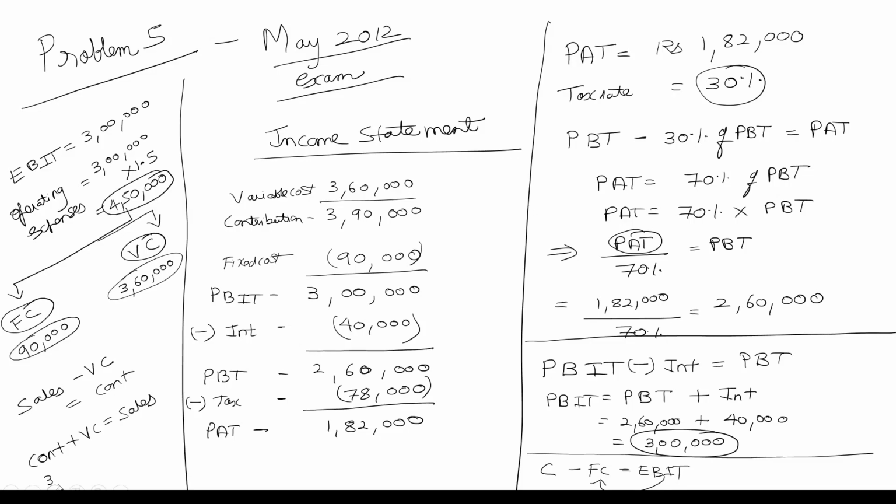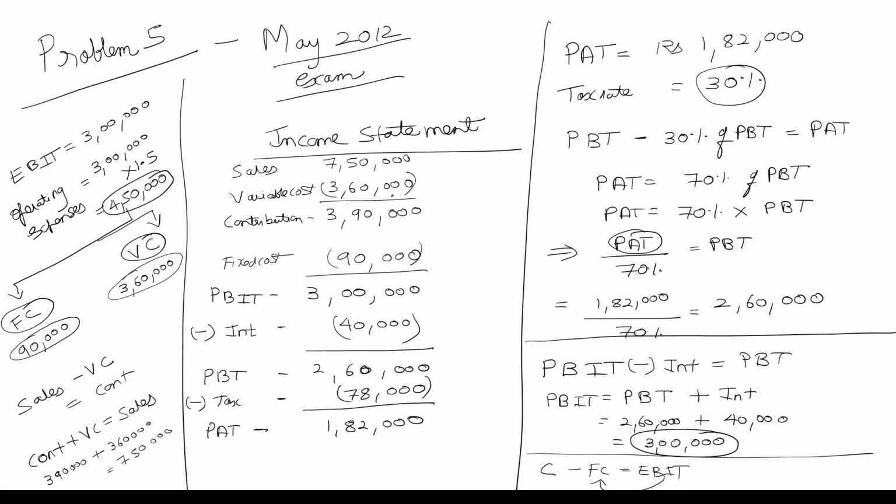My contribution is 3,90,000 and my variable cost is 3,60,000. So adding both would give me my sales, 390 plus 360. So my sales is 7,50,000. So let me put my sales here. The sales is 7,50,000. So I have now constructed the income statement.